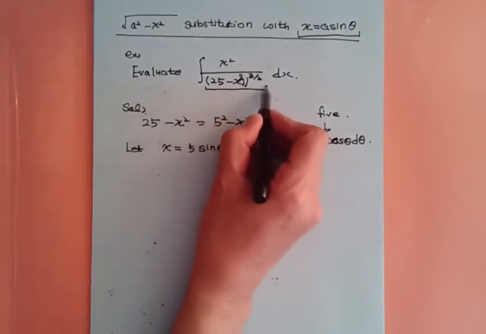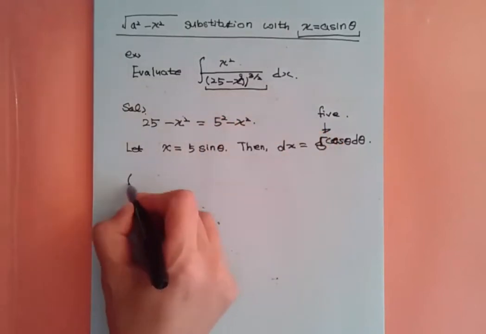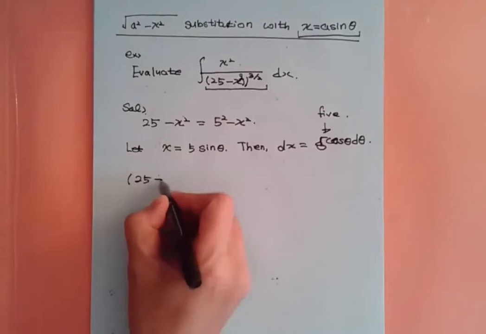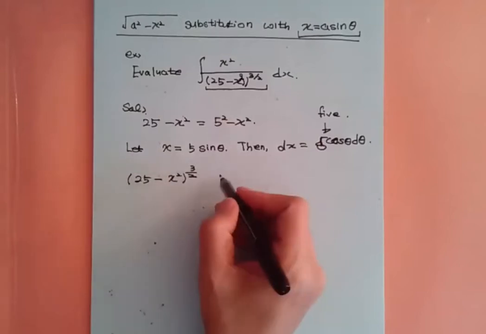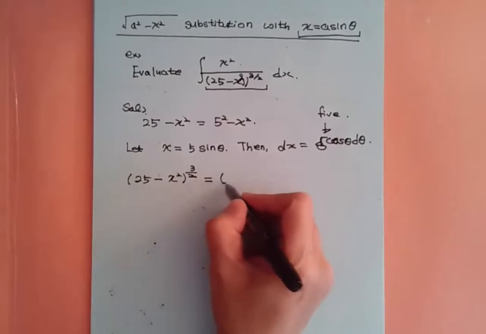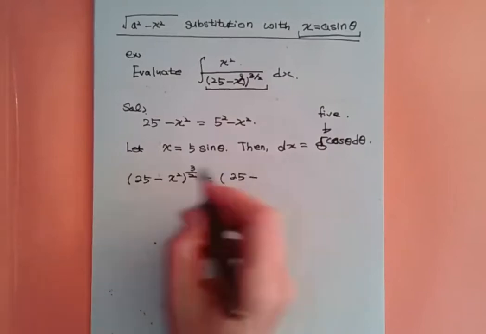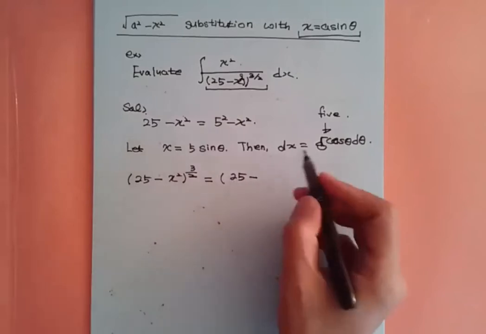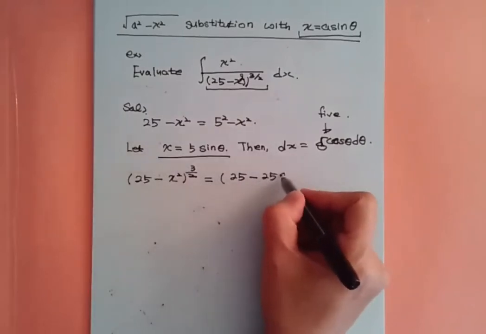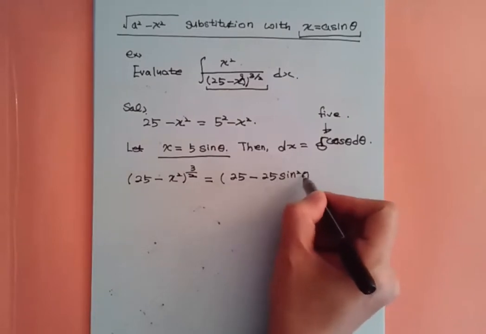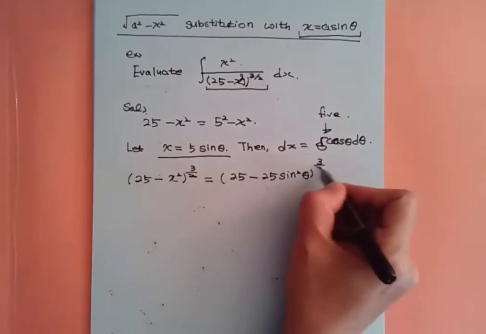Let's simplify the denominator. 25 minus x squared to the 3 over 2 power can be written as 25 minus 25 sine squared of theta, to the 3 over 2 power.